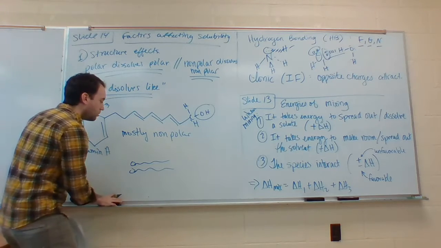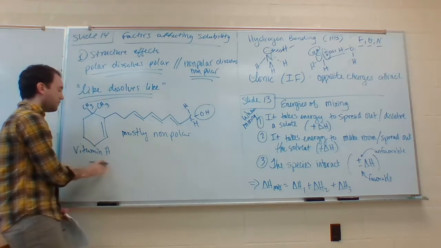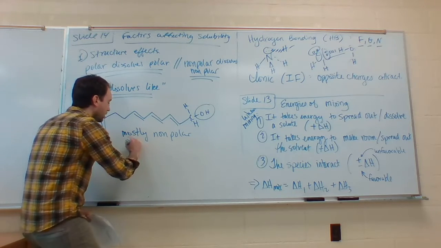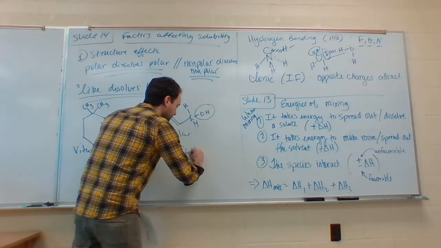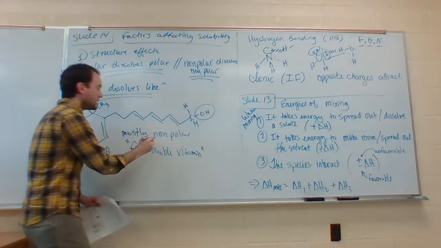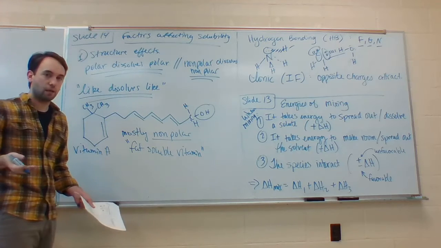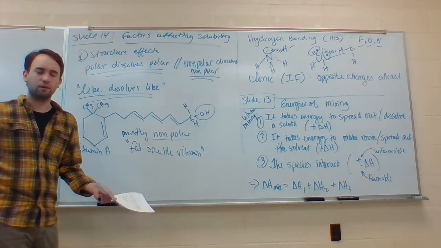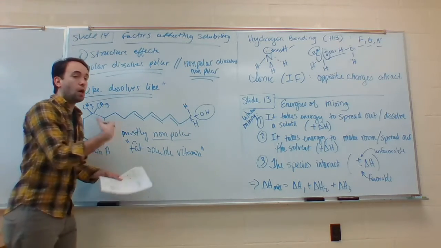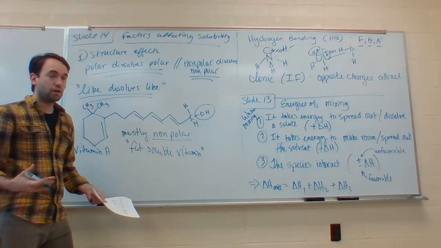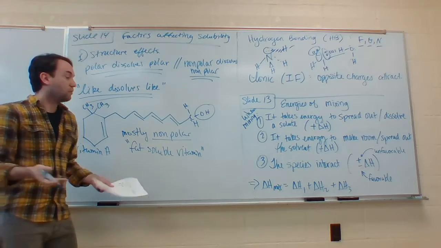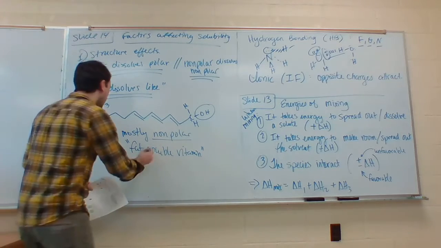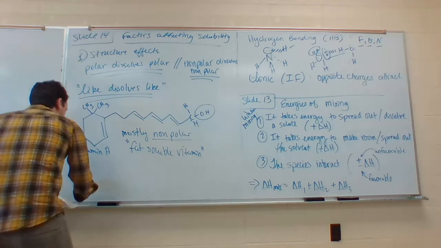That's why vitamin A is what's called a fat-soluble vitamin. It's because it's nonpolar and fat is nonpolar. You think about oil and water. Oil doesn't mix with water, and we know water's polar, so that means that the oil or the fat has to be nonpolar. Now, water is polar.